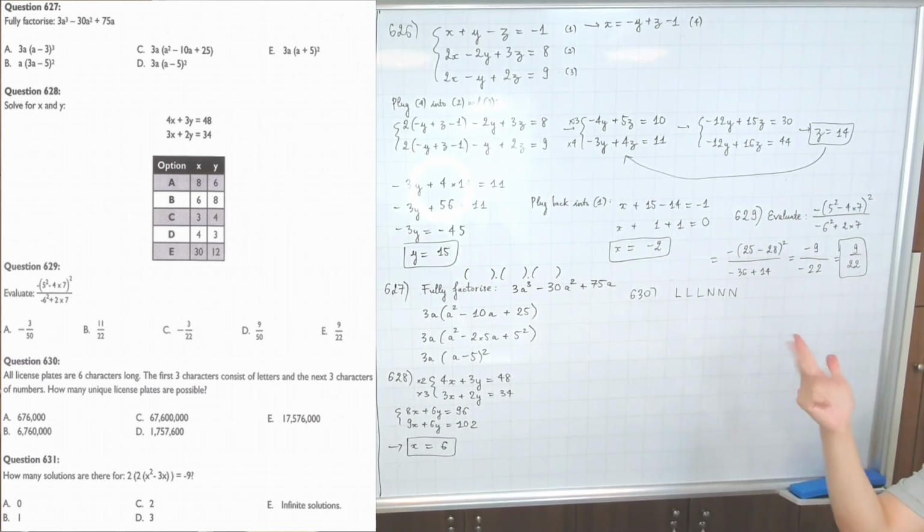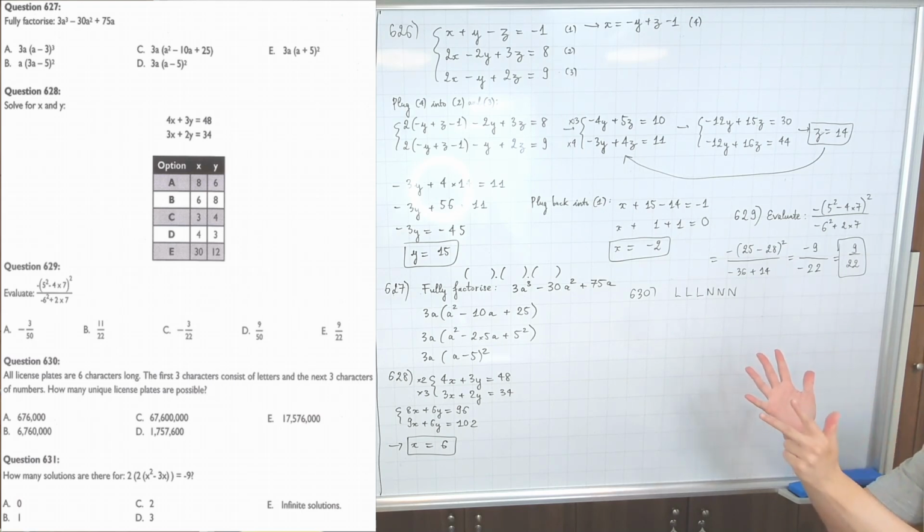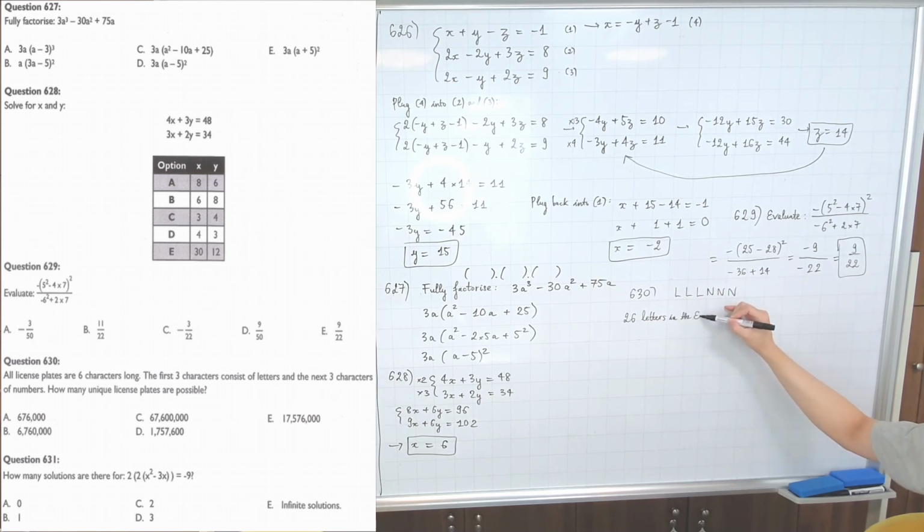A, B, C, D, E, F, G, H, I, J, K, L, M, N, O, P, Q, R, S, and T, U, V, W, X, and then Y, and then Z. So 26, right? So 26 letters in the English alphabet.